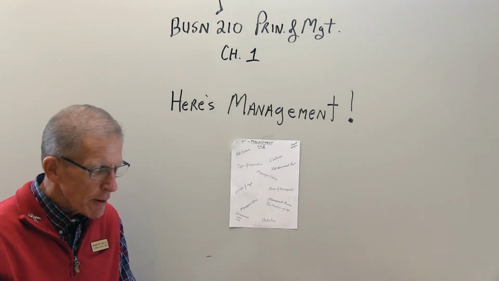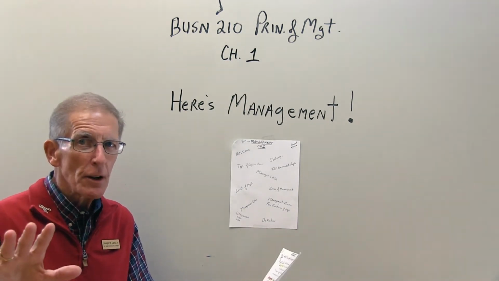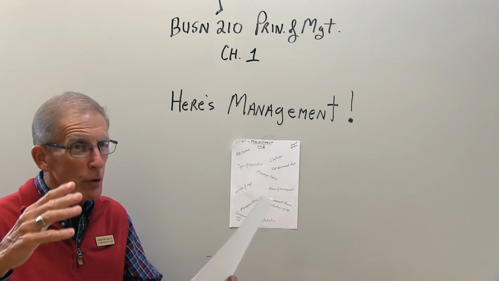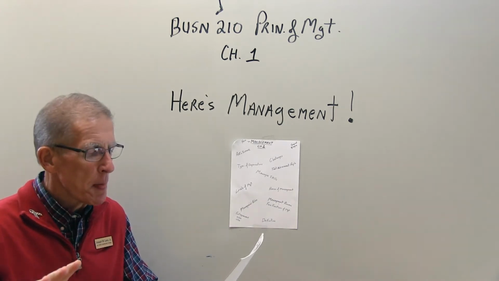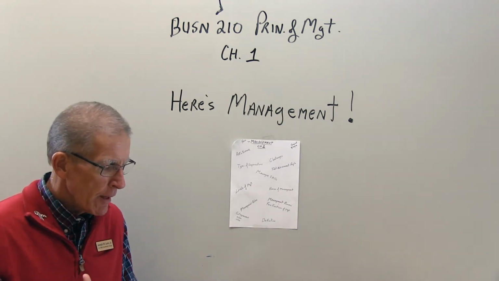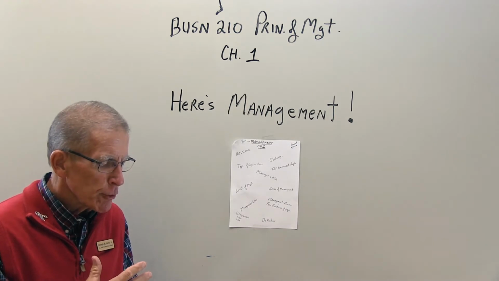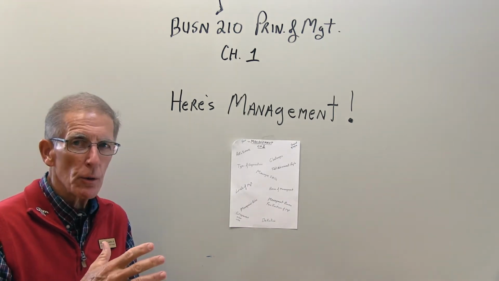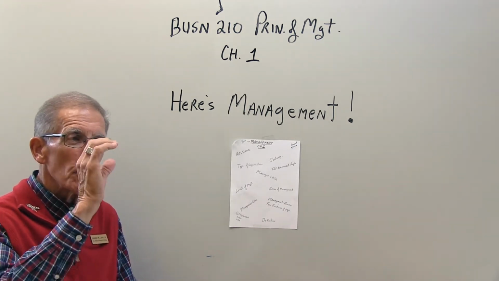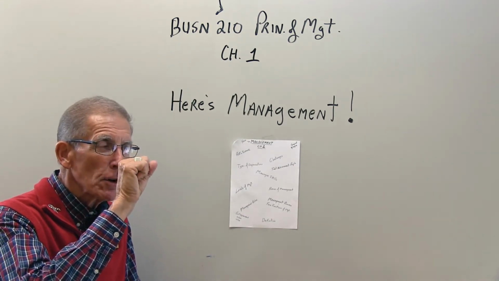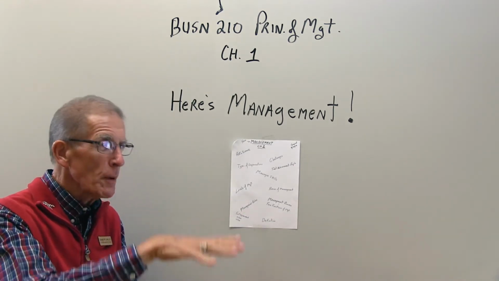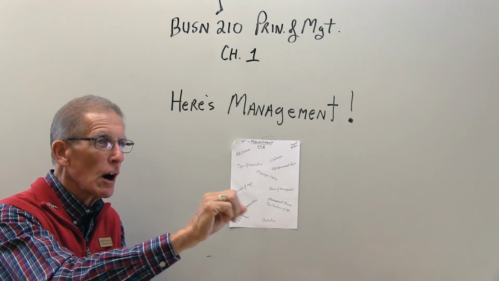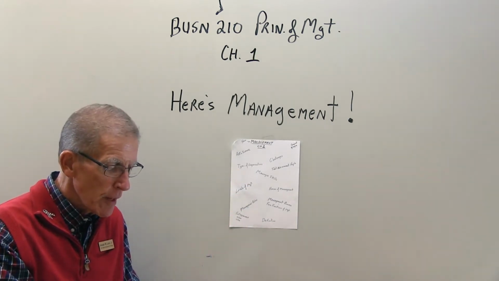All right. I don't beat every definition to death, but we're just getting started, so let's make sure. So I think we got it. The pursuit of organizational goals. So management is making sure that companies at all different levels accomplish the goals that they're trying to achieve.